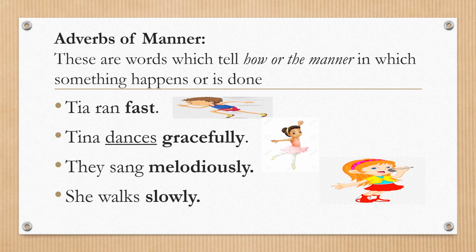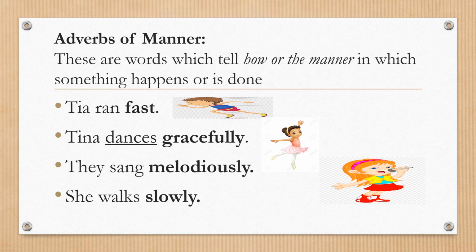So melodiously becomes your adverb of manner. Again, she walks slowly. Ask the question how to the verb. The answer that you get is slowly. That becomes your adverb of manner. So have you noticed, when you have to identify whether it's an adverb of manner, the first thing you have to do is identify the verb and then ask the question how to the verb.